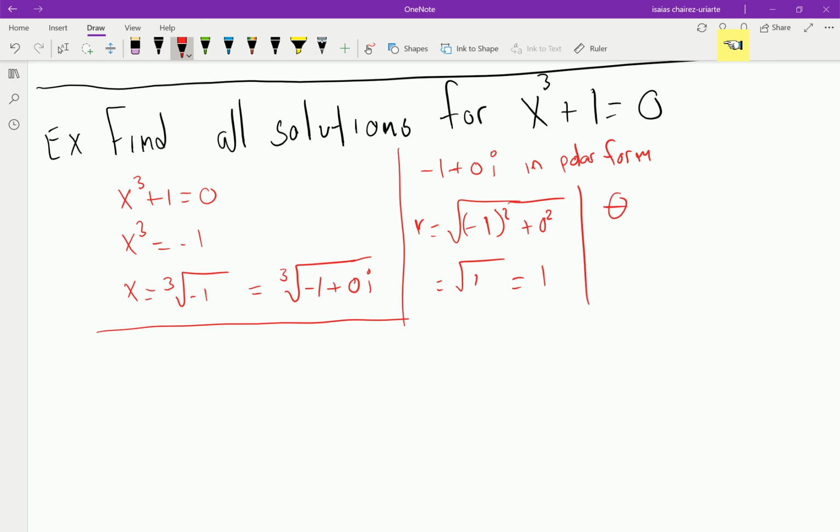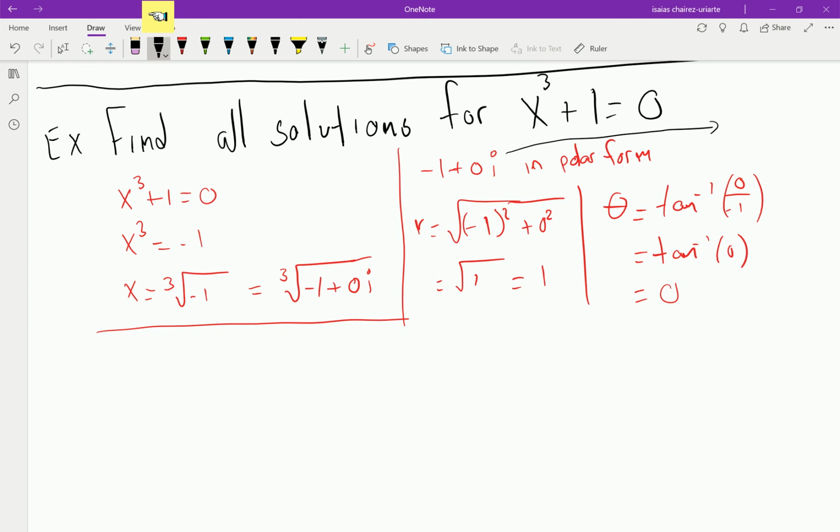And theta is going to be tangent inverse of 0 over negative 1, which is tangent inverse of 0. What's tangent inverse of 0? If you were to just punch tangent inverse of 0 into your calculator, it would say 0, but that is incorrect in the case of this particular problem.